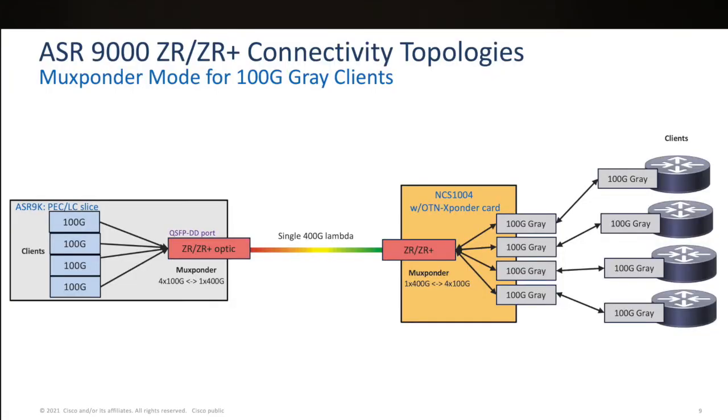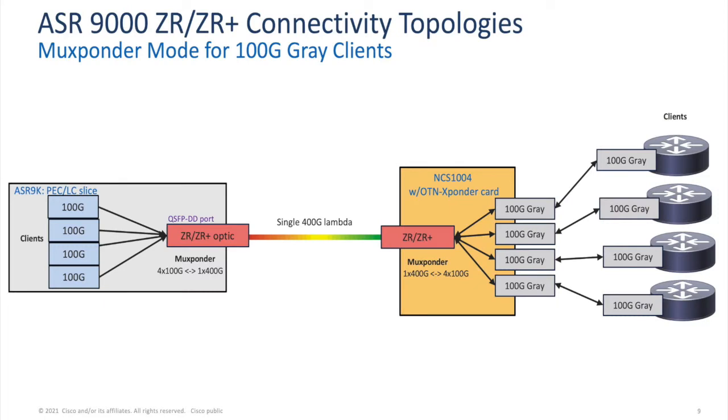Besides symmetric topology, DCO-based solution can be built in an asymmetric manner. When can this option be useful? For example, you are migrating your infrastructure to a pluggable DCO solution, and you have an upgraded central site and a number of legacy sites that don't support DCO optic yet.